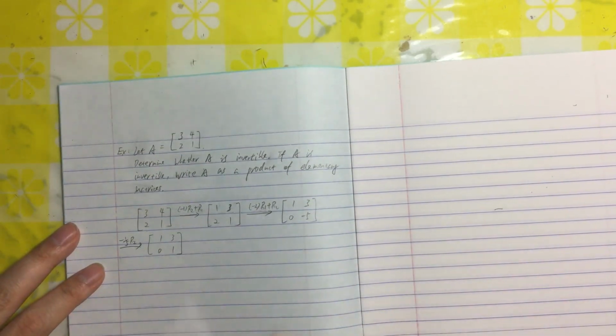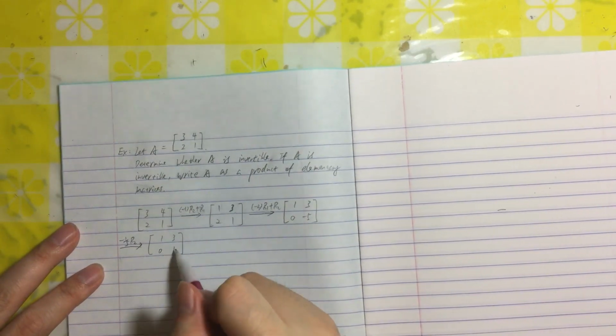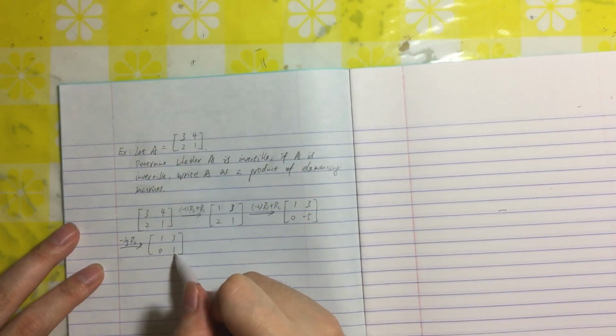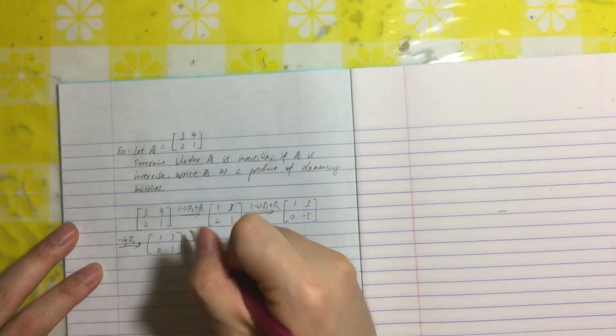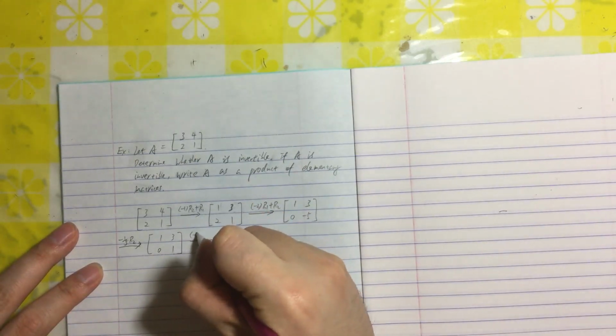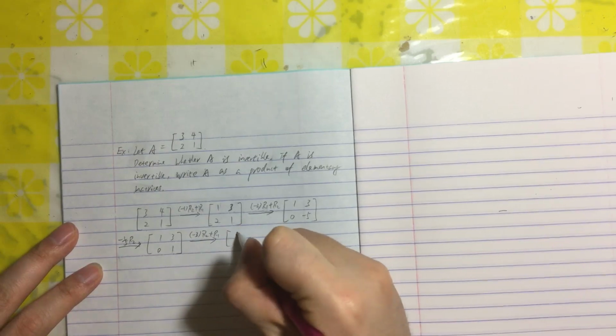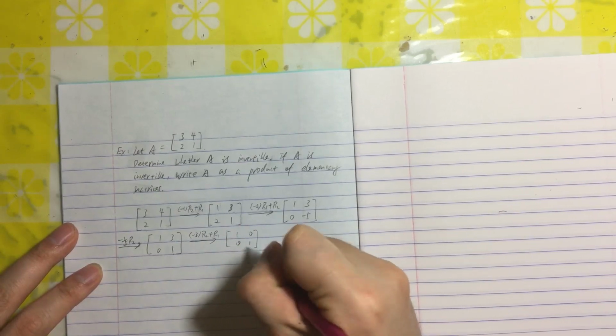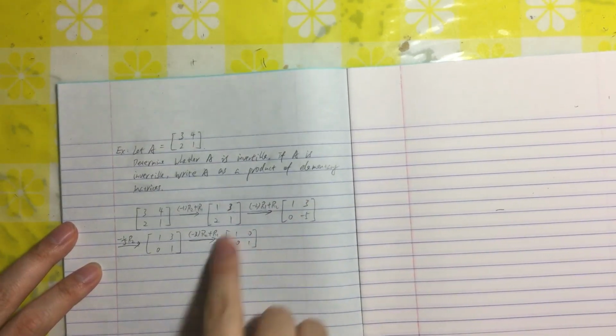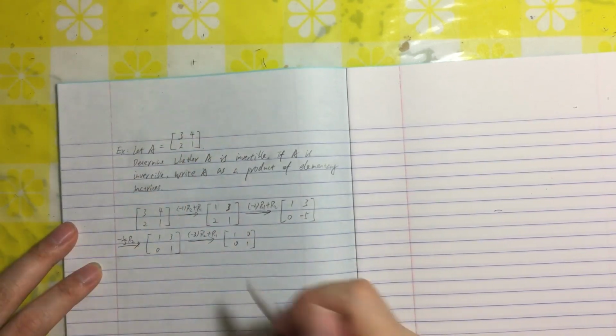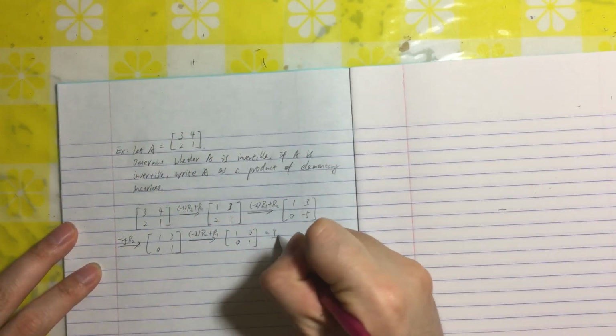Next, I can multiply the second row by -3 and add it to the first row. I get 1, 0, 0, 1. That's the reduced row echelon form of this matrix A. This is I2.